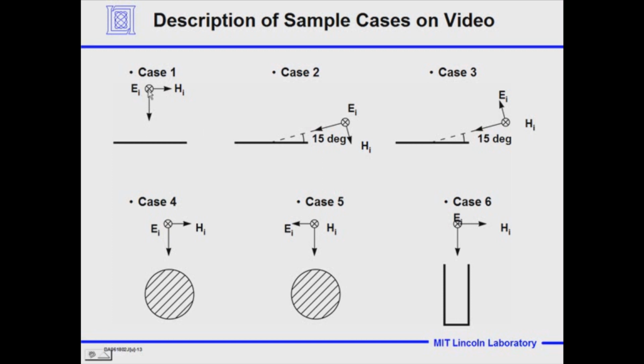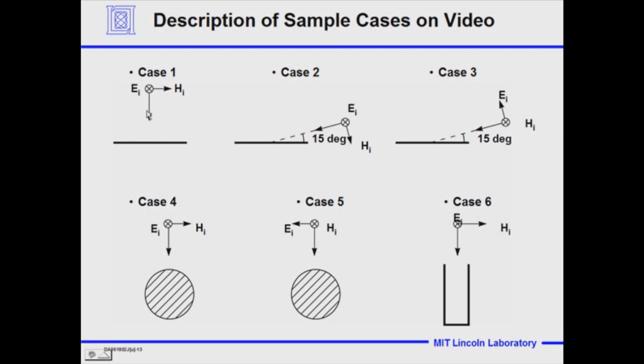The first case is a specular reflection, when an electromagnetic wave, and we're just going to look at the electric field part of it, hits a flat plate and bounces. We're going to have other effects we'll look at, but the main effect it's an example of is specular reflection.